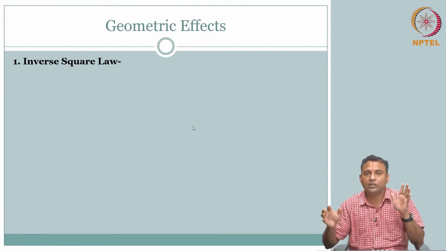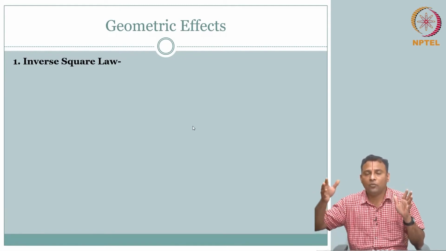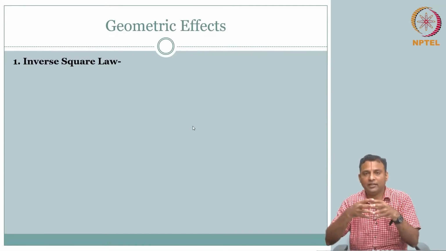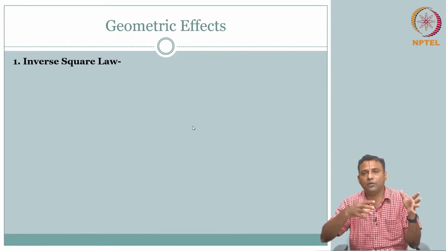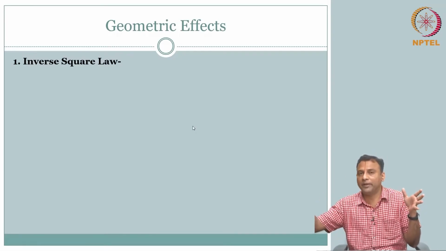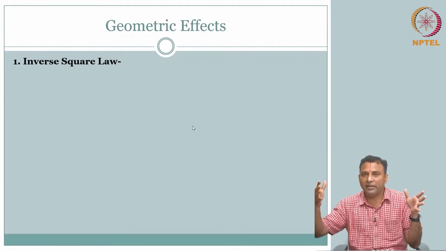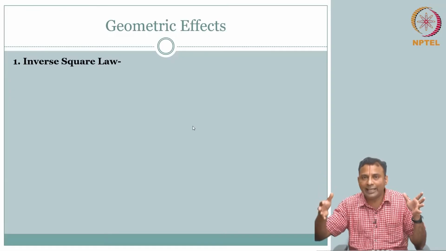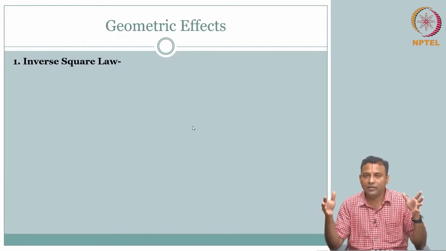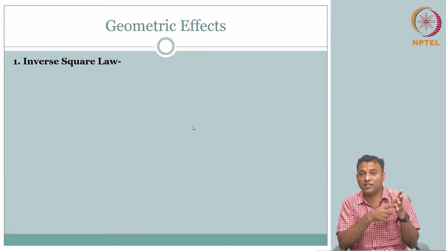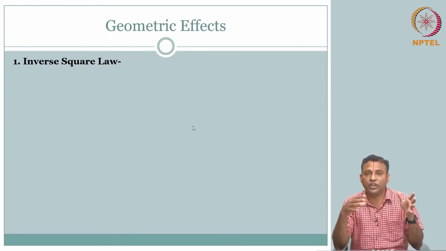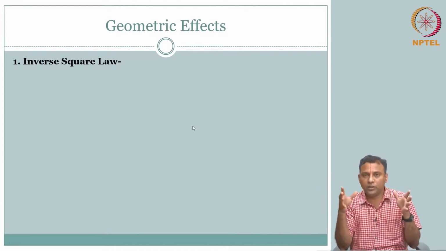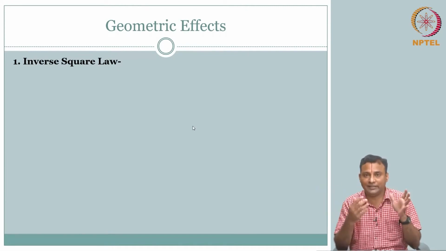That is our goal. So here what we are talking about is what the effects are. You have a system, you have some instrumentation that is capturing this f of x y, or transforming this f of x y to g of x comma y. What we mean by geometric effect is, because of the setup that is trying to capture, are we seeing any effect on g of x comma y, not because of the fundamental f of x comma y, but because of the geometries that are involved. So the output is different from the input due to geometric reasons, right?